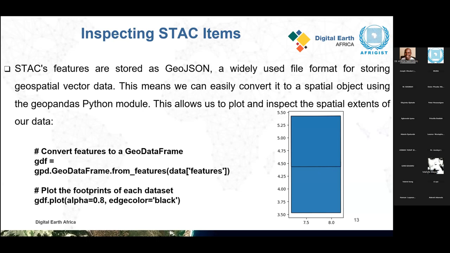The comment here is convert features to a GeoDataFrame. The script is gdf = gpd.GeoDataFrame.from_features(data['features']). We comment here, plot the footprints of each dataset, and we define the gdf.plot. We indicate the size, and we indicate also the edge colors.